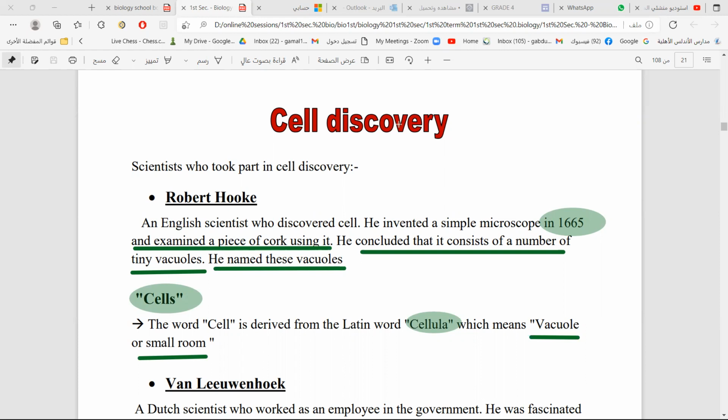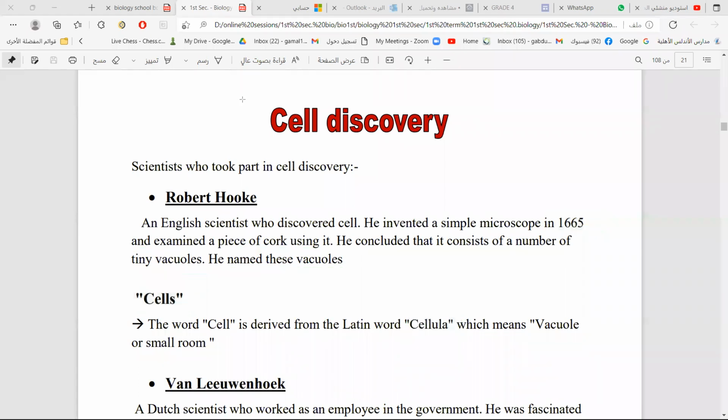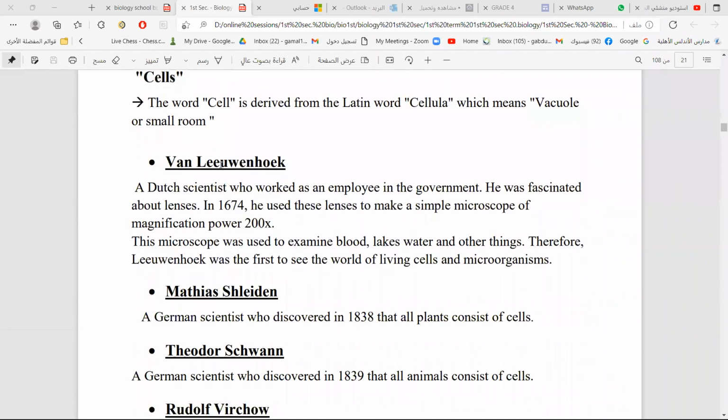After that, by about 10 years, another scientist called Van Leeuwenhoek from the Netherlands, in the year 1674, made a stronger microscope. This microscope has a magnification power of 200 times, so he could magnify better than Robert Hooke.